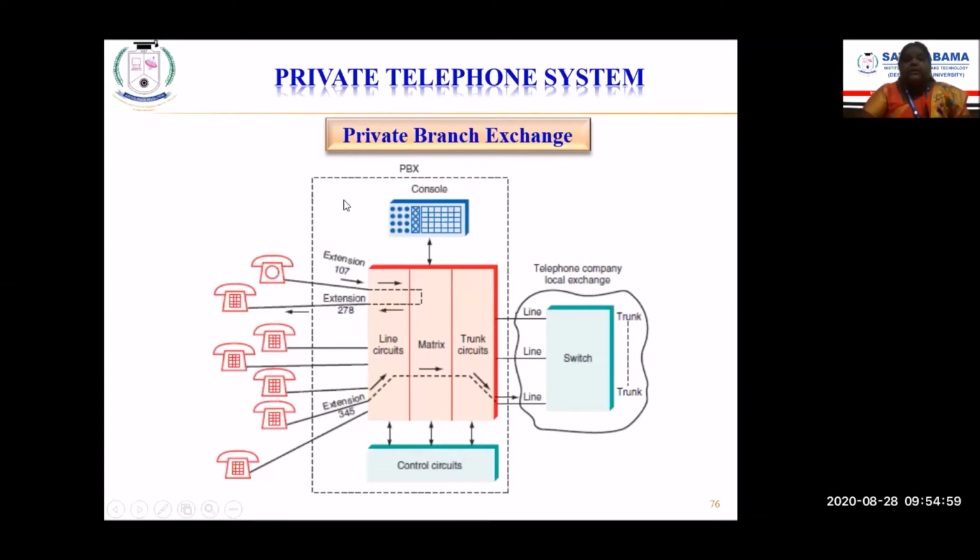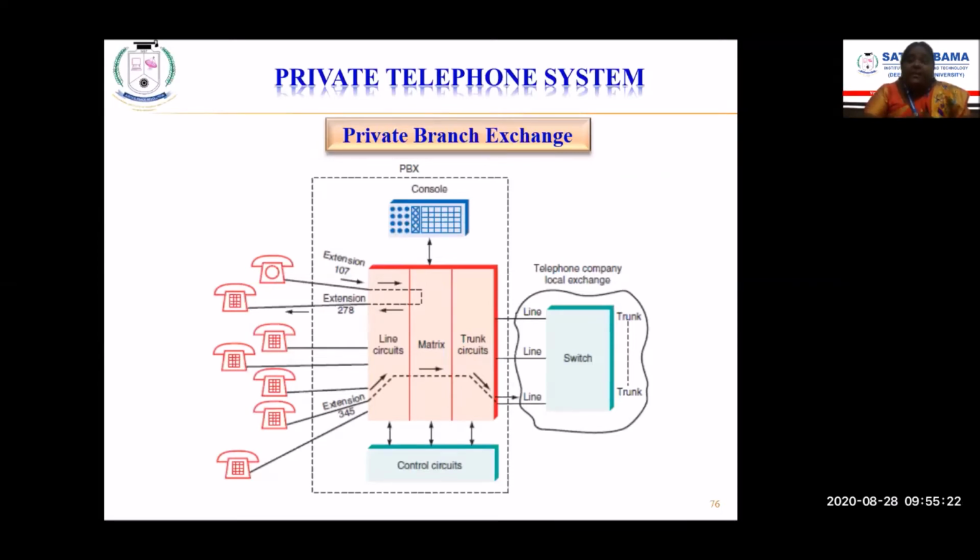So this is about the private branch exchange. In the telephone company or local exchange there will also be switches where it gets terminated. So for a particular locality, the individual telephone instruments are connected to the PBX, and this PBX is connected to the telephone company or the local exchange of that locality.